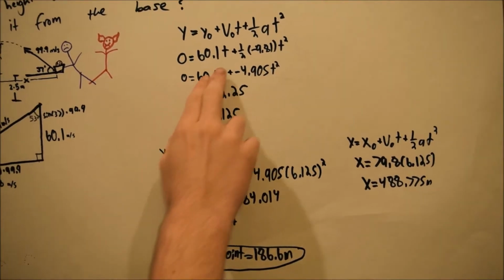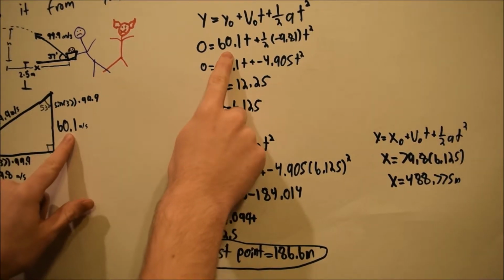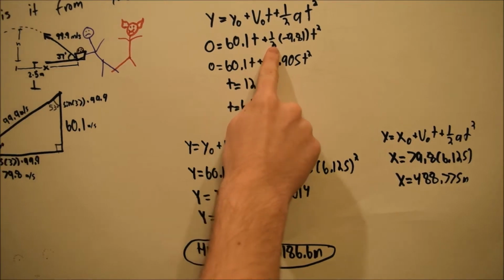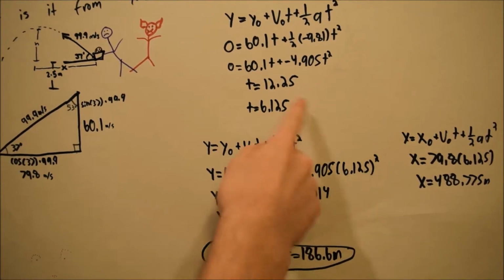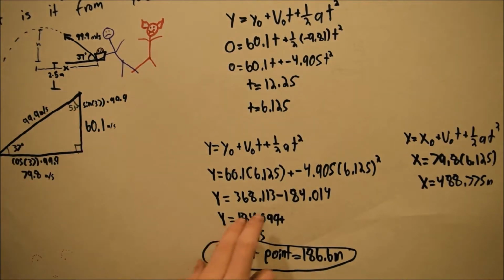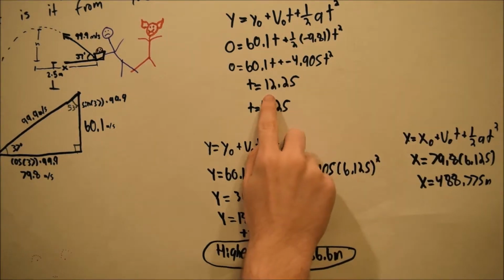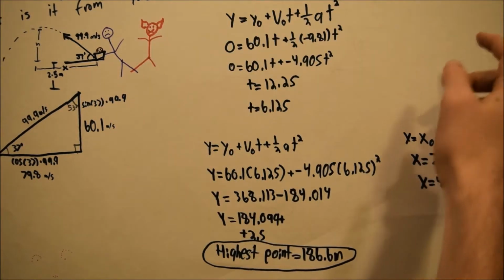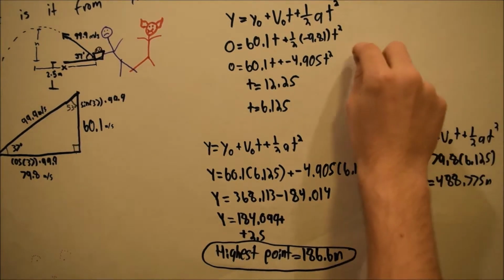So the initial velocity for y is 60.1, times t, plus 1/2 acceleration, negative 9.81 because that's gravity, times t squared. There's no y naught because I took out this whole component altogether. You use the quadratic formula and you get t equal to 12.5.